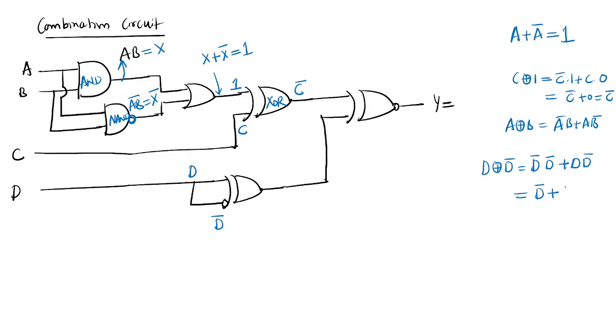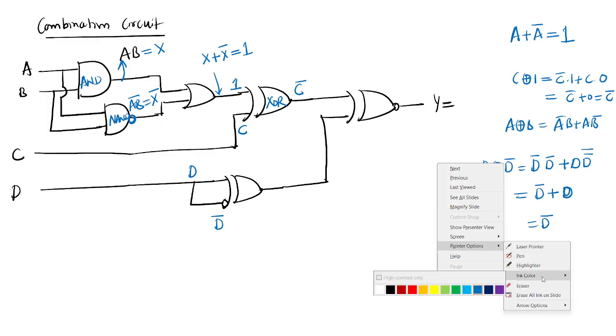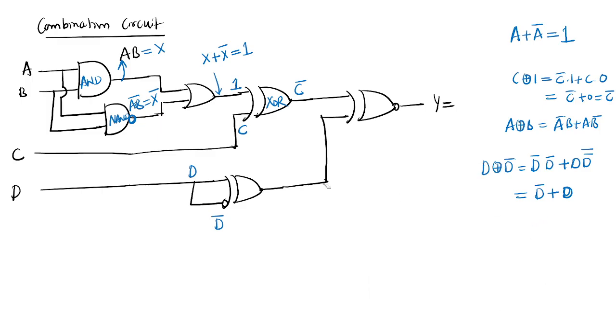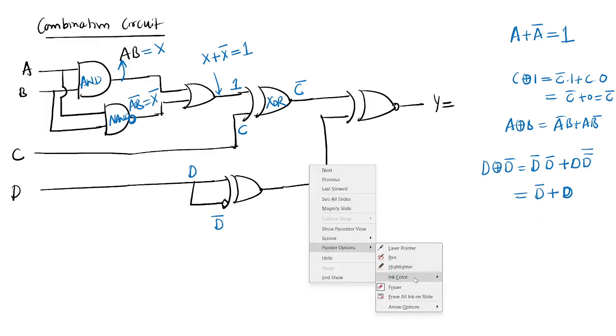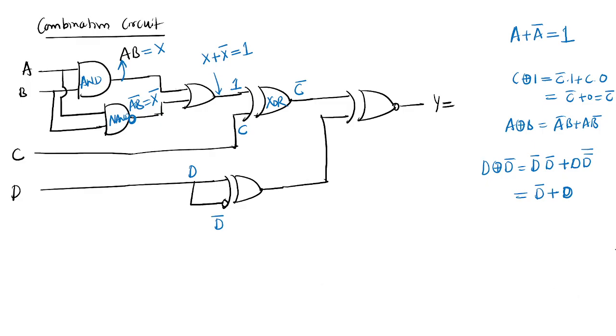Here the whole bar means D bar plus D, which is 1. D bar plus D is nothing but 1, so the output is 1.